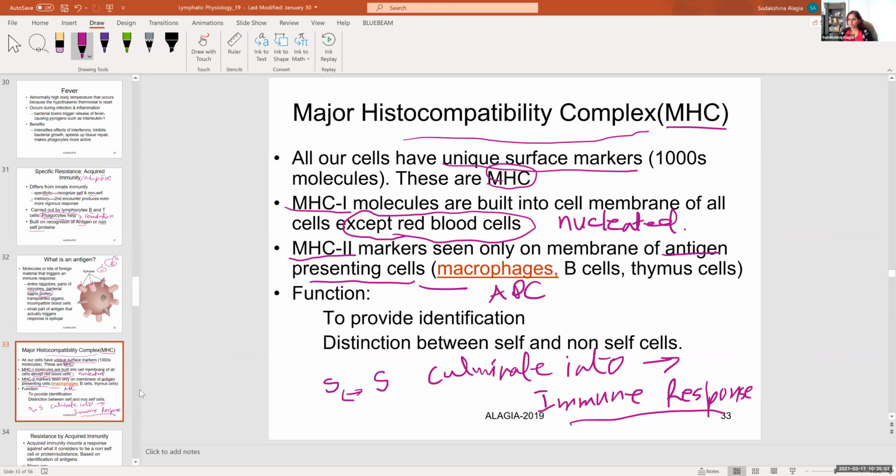It comes up with an immune response. So starting with MHC1 and MHC2, this is what all of us will have in our cells. Nucleated cells will have MHC1. Antigen presenting cells have MHC2. And a large part of our antigen presenting cells, at least for this class, since we are talking about the immune system in a very compact way, is basically macrophages.